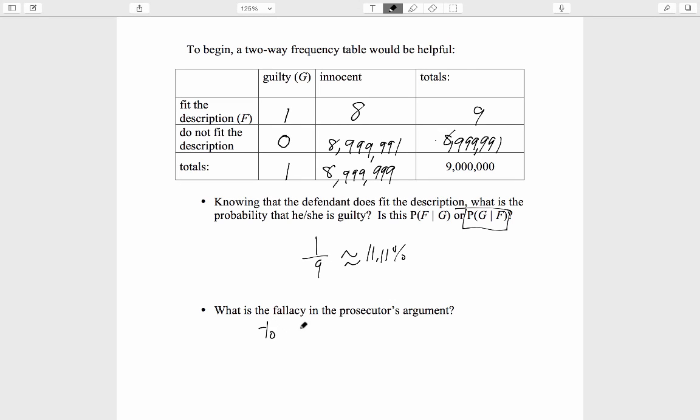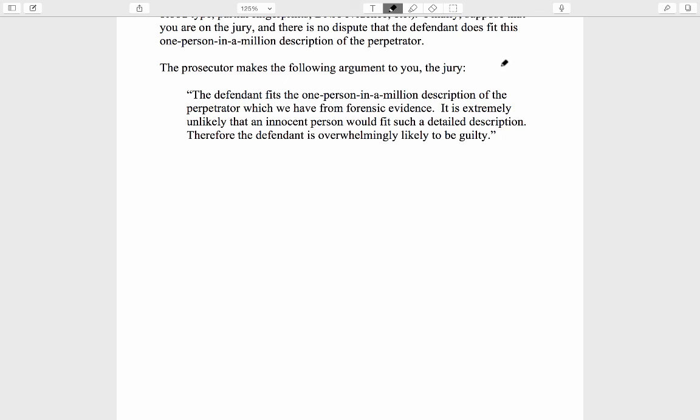The prosecutor's error is to compute the wrong conditional probability, the probability of F given G complement, the probability that an innocent person, restricting our attention to innocent people, would fit the description. That was the wording: it is extremely unlikely that an innocent person would fit such a detailed description.